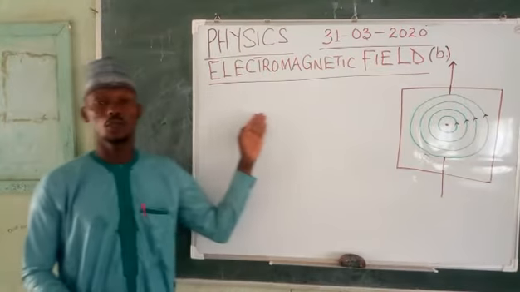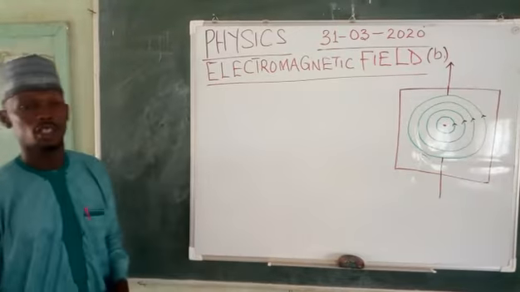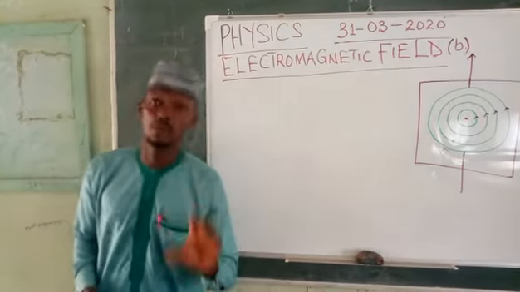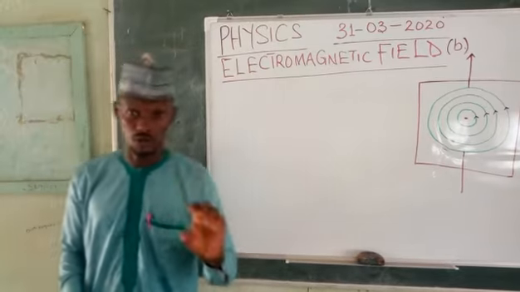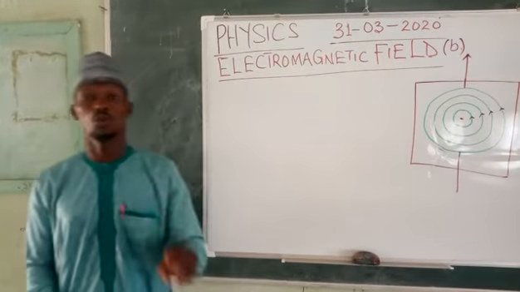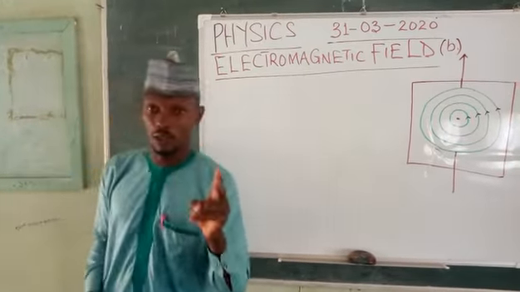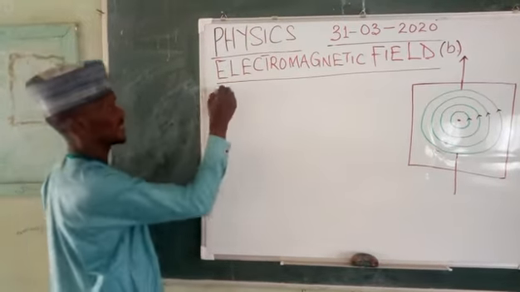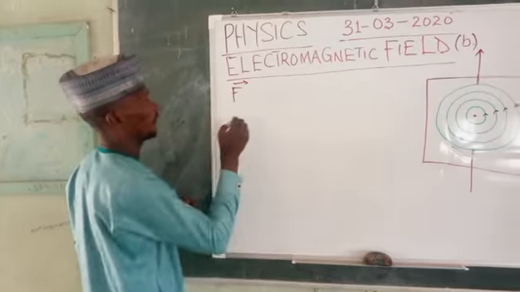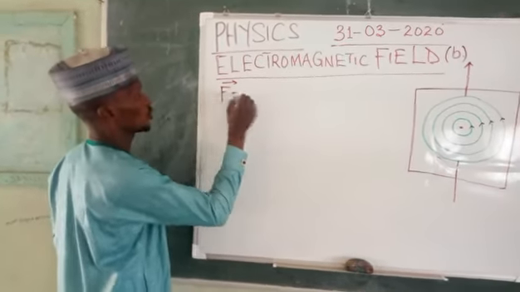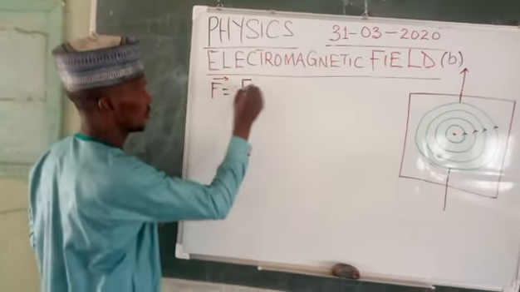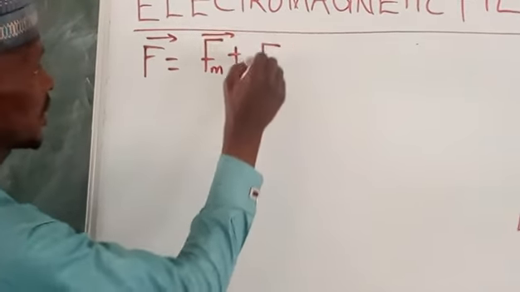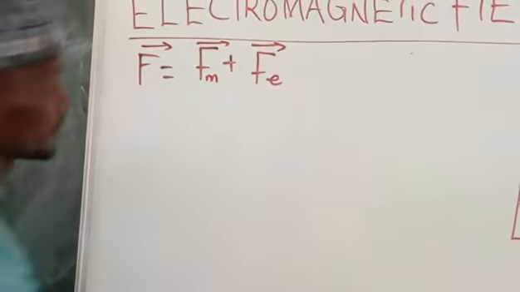In the first part of this episode, we've been able to establish the fact that there is a vector sum of a particular force which normally exists when you have electric field and magnetic field. This is what we had last part of our first episode. We said the total force is equal to the vector sum of Fm plus the vector sum of Fe.